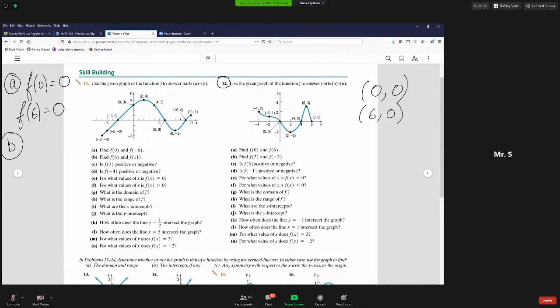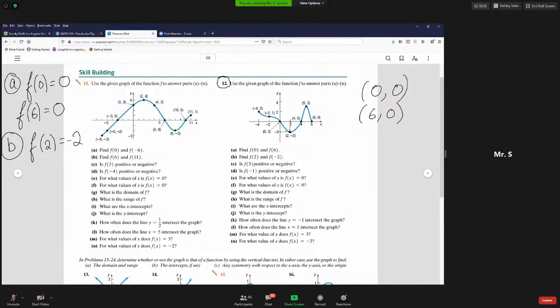Part B, f of 2. What would that give me? Negative 2. There's the point. So what that tells me is when the x value is 2, the corresponding y value is negative 2.